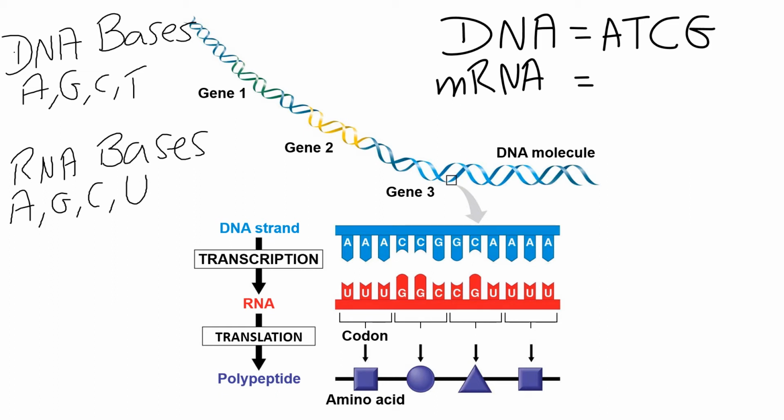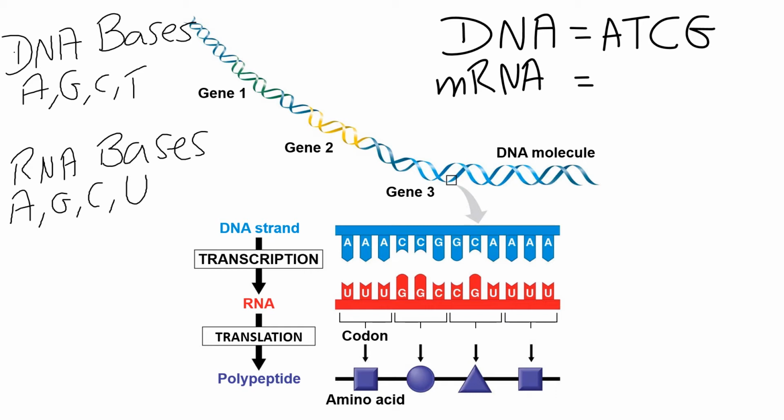So we know that our DNA strand consists of 4 bases: adenine, guanine, cytosine, and thymine. RNA also consists of 4 bases: adenine, guanine, cytosine, and uracil. So RNA does not have thymine, instead it has uracil.